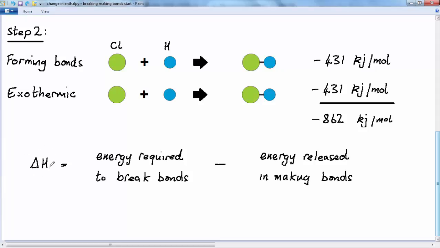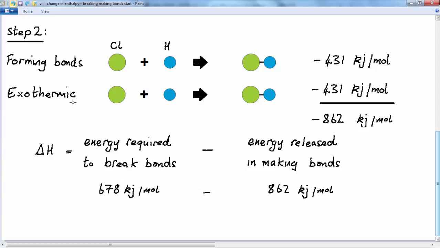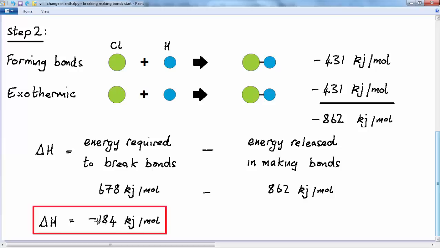Okay, so the change in enthalpy, that's delta H, is equal to the difference between the energy required to break the bonds and the energy released when the new bonds are made, which in this case is 678 kilojoules to break the bonds of the hydrogen and chlorine molecules and 862 kilojoules per mole released when the hydrogen chloride molecules are formed, giving us a total change in enthalpy of minus 184 kilojoules per mole.